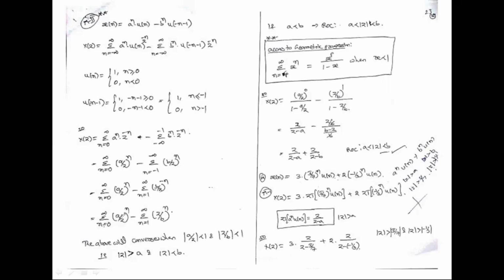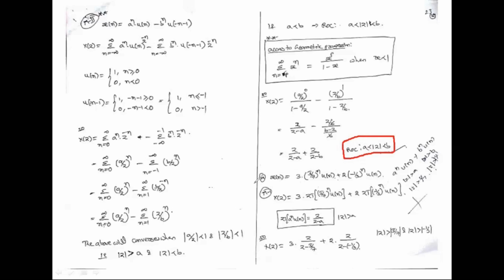Consider it as a by z, power 0, by 1 minus a by z, and here z by b whole power 1, because n1 is 1 here and n2 is infinity, the numerator is a power 0, 1 by 1 minus a by z, and here also 1 by 1 minus z by b. Simplify this one, again we will get the same thing, z by z minus a plus z by z minus b with an ROC of a is less than z and less than b.